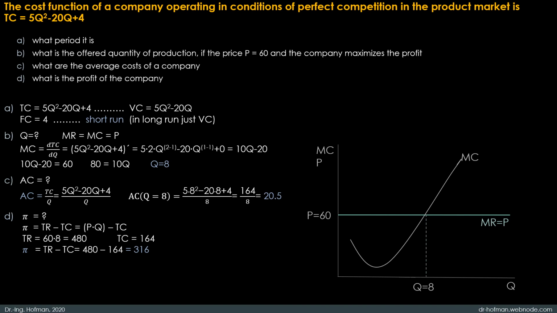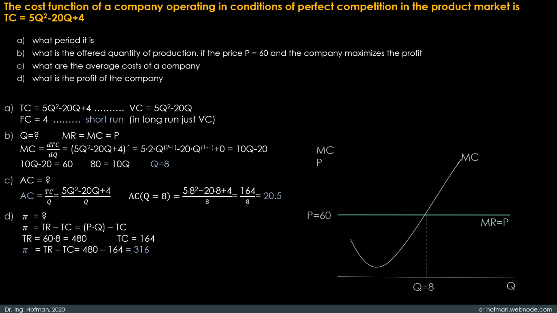From this TC expression we can take the first part, 5Q squared minus 20Q, which is variable cost, cost which changes with Q, the quantity of production, and the plus 4 is a constant.